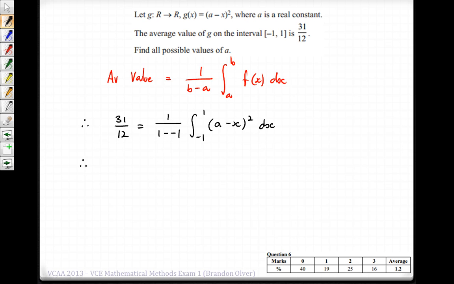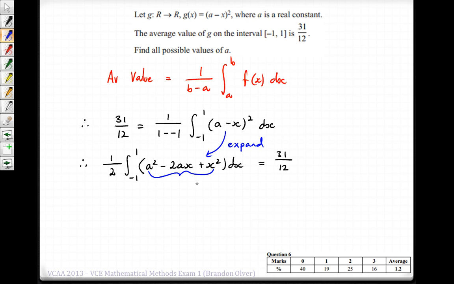So we could say, therefore, 1 on 1 minus -1 is 1 on 2, times the integral between -1 and 1 of a squared minus 2ax plus x squared dx equals 31 on 12. So all I've done is I've just expanded that bracket, and that's given me these three terms here.